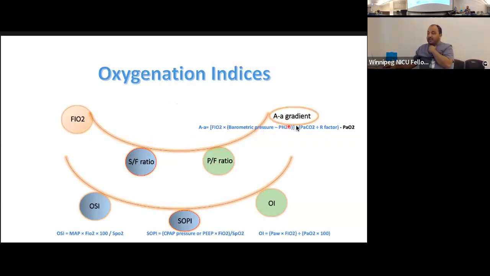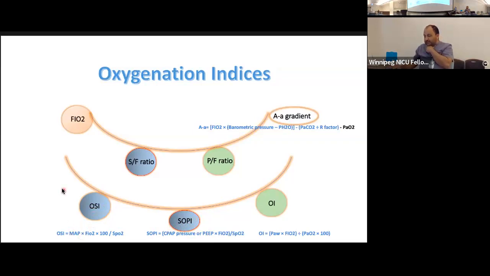Either you get the AA gradient, the old one, which all of us know is the most accurate expression but very difficult to calculate each time. It is simplified by the oxygenation index, then the oxygen saturation index. And recently there is the SOPI, similar to the oxygen saturation index, but here we use the PEEP instead of the mean airway pressure.